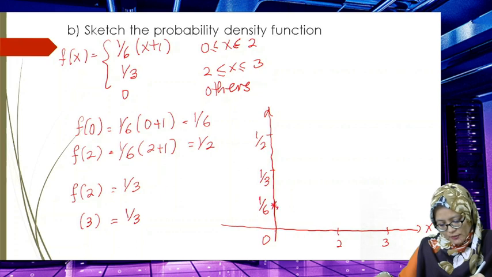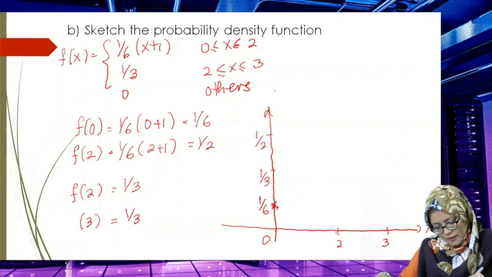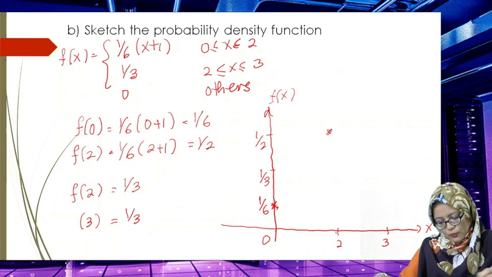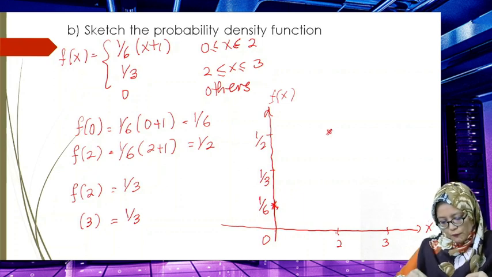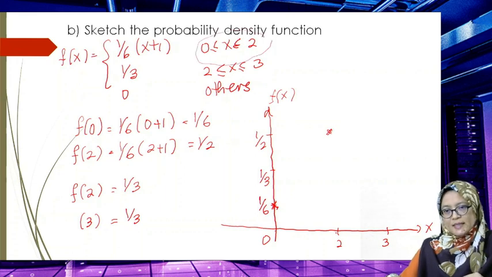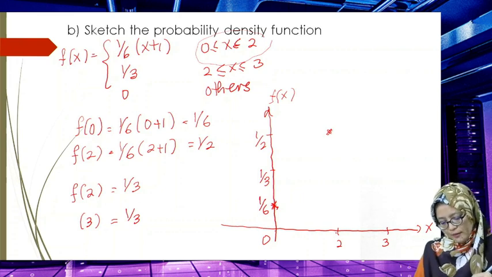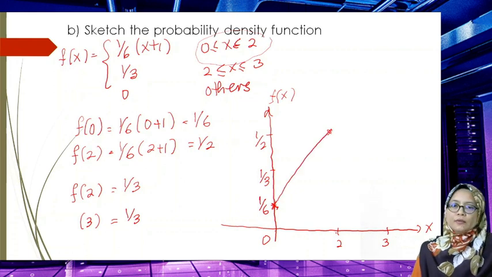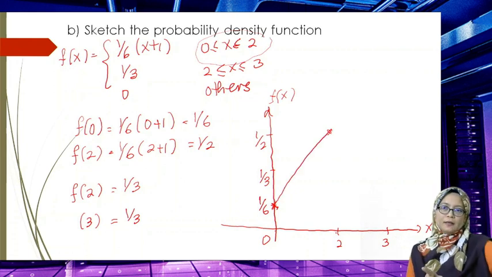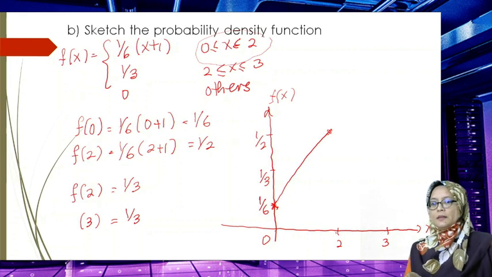So x2 nilai dia 1 over 2. So ini fx. Okay, so untuk first interval ni, tengok balik function dia x plus 1 is a linear. So means that graph awak akan jadi straight line. So join these 2 point. So jadi straight line based kepada function kita tu function apa.